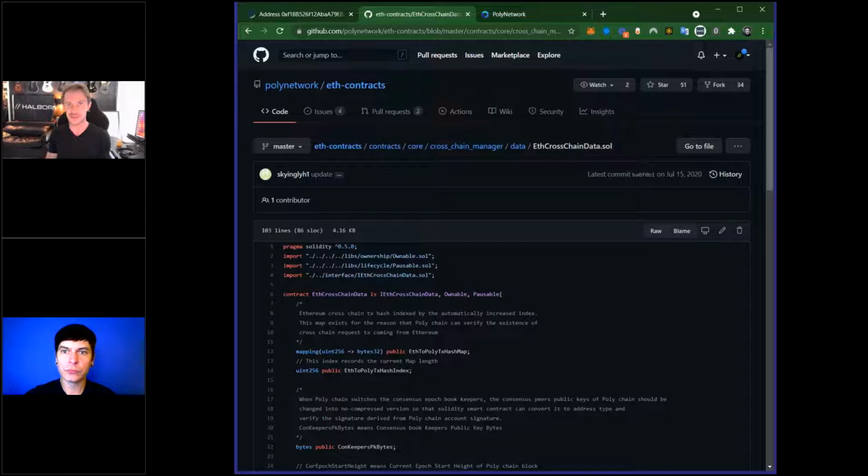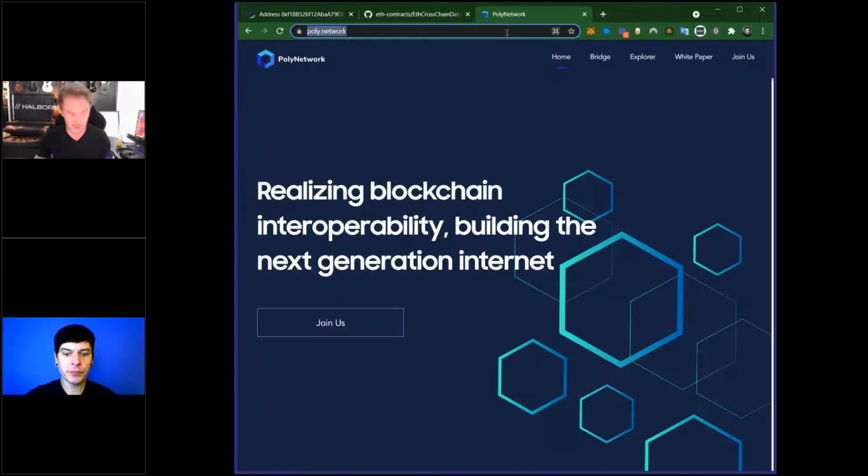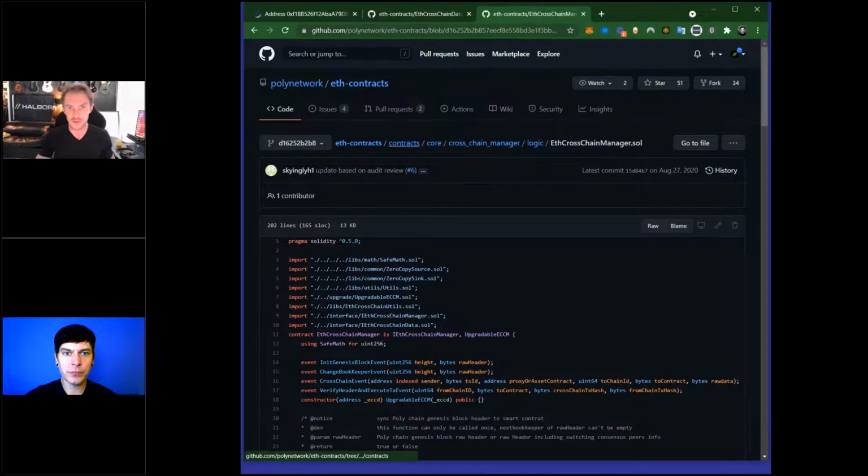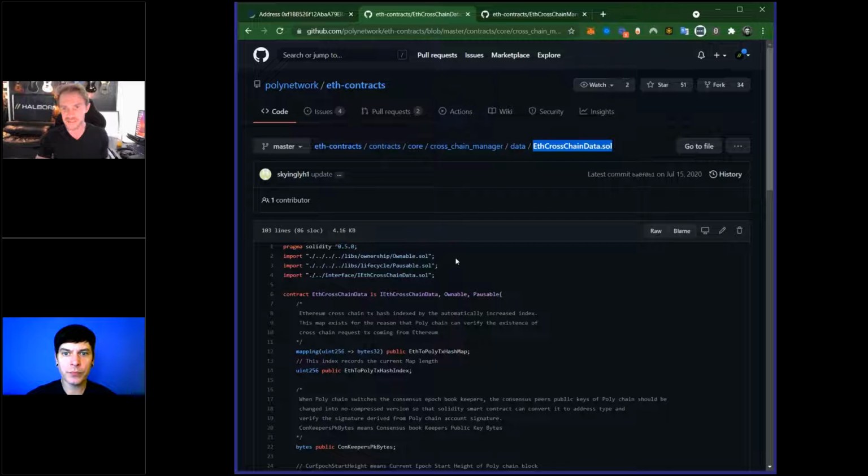What does role-based access control look like inside of smart contracts? There are two particular ones that were really manipulated. One of them is ETH CrossChain Data, and the other one that was manipulated was ETH CrossChain Manager. We'll start with the CrossChain Data.